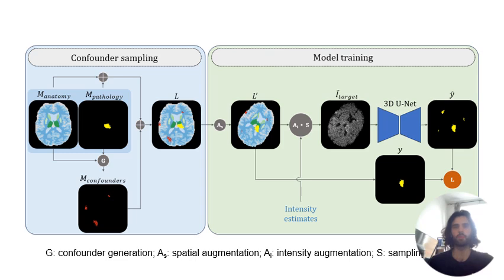We sample the confounder labels from the same distribution as the pathology label, so that the model doesn't simply learn to threshold the intensity of the pathology. Then we perform standard intensity augmentations like in SynthSeg. You can see the resulting image, I target. And then we train a 3D U-Net with Dice loss.